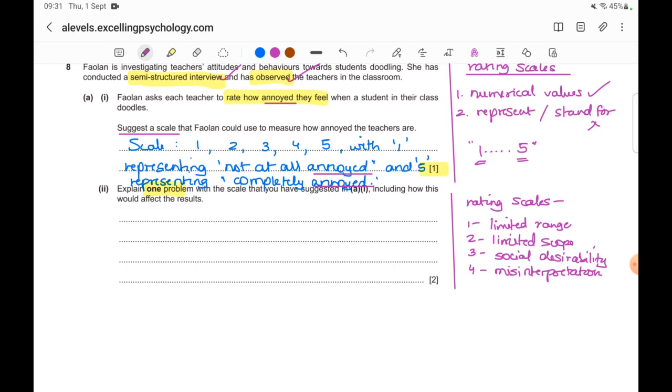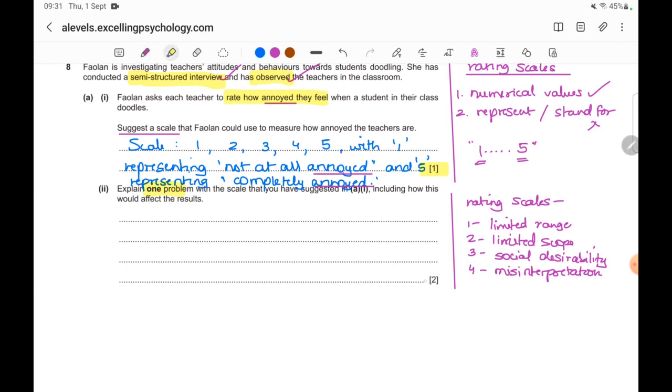When we say not at all annoyed, what do we mean by that? Does it mean it does not bother them at all, or can even mild annoyance be indicated with 1? And when we say completely annoyed, does it mean extremely annoyed, or a moderate degree? Even the in-between numbers could be confusing for teachers. What does 2 mean, or 3, or 4? So those kinds of misinterpretation.